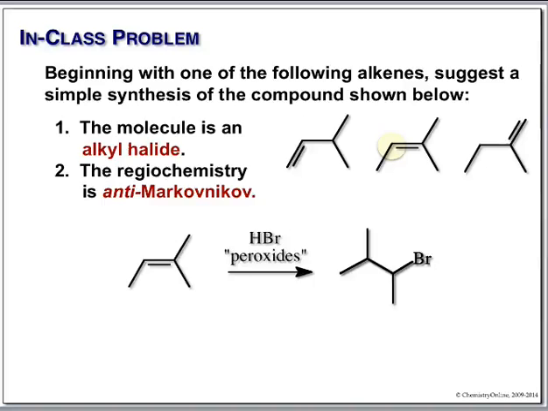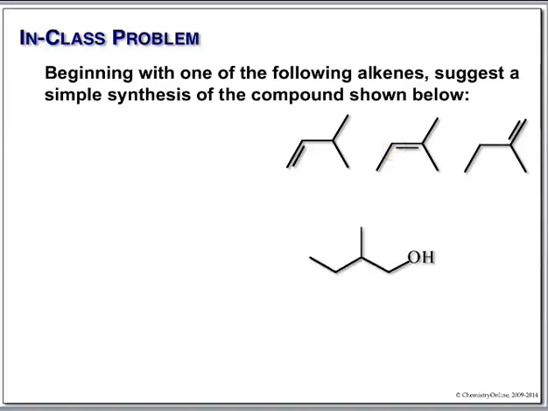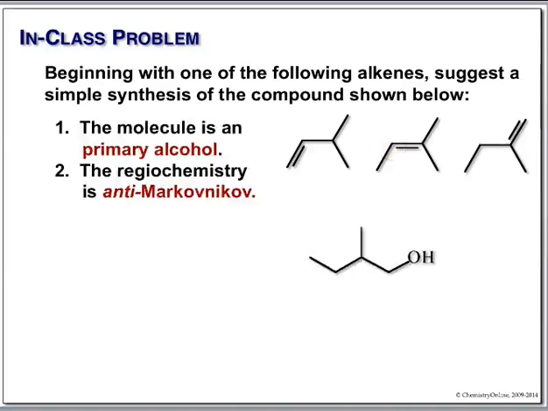Couple more of these. It's an alcohol. Is the OH attached to the carbon that would give the most stable carbocation? Oh, it's attached to a CH2. There's a tertiary carbon. So this is an anti-Markovnikov alcohol. How do I know to make anti-Markovnikov alcohols?